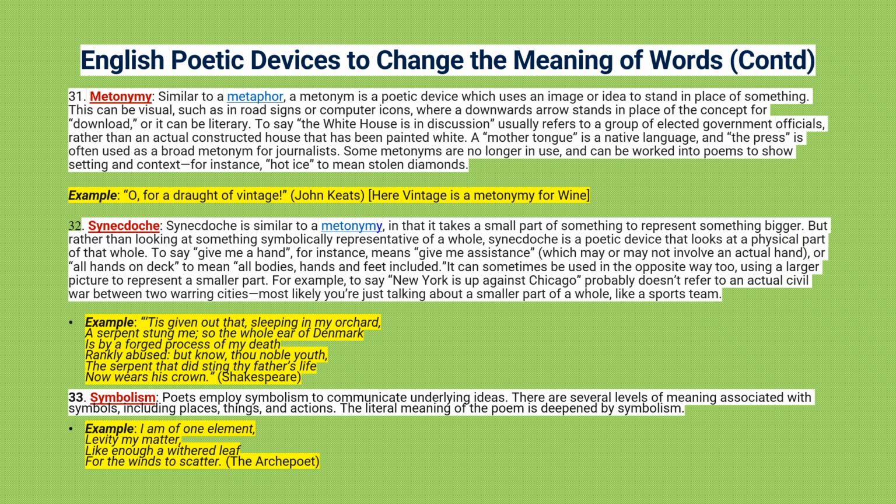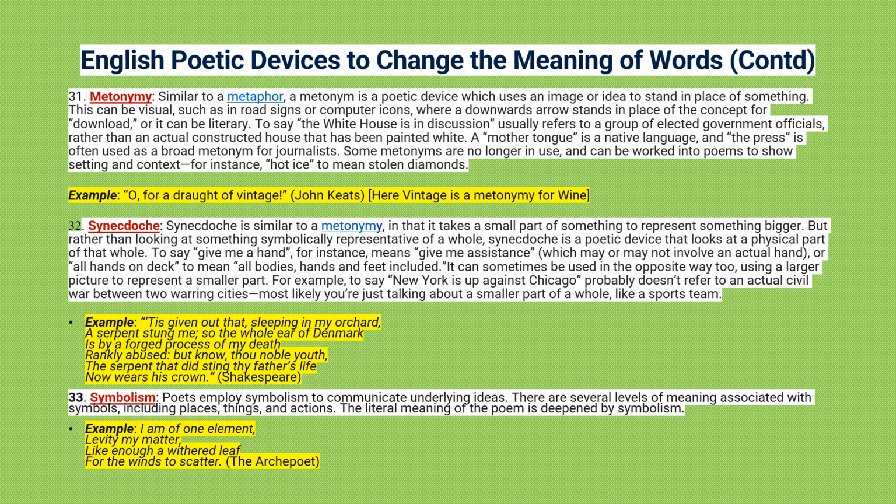Okay. Next poetic device is synecdoche. This is also somewhat similar to metonymy in that it takes a small part of something to represent something bigger. But rather than looking at something symbolically representative of a whole, synecdoche is a poetic device that looks at a physical part of that whole.